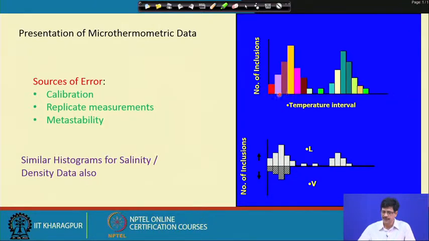Suppose I have divided this range into 4 weight percent intervals, then it will be 0 to 4, 8, 12, 16, 20, 24, 28, 32, 36, 40 and so on. This kind of distribution is interpreted as a bimodal distribution.